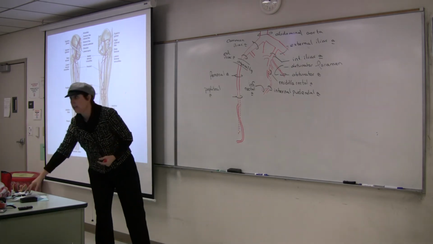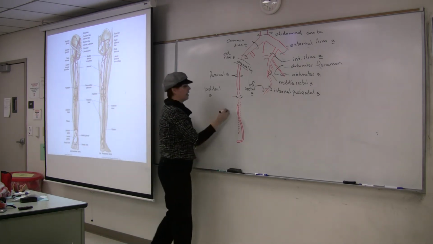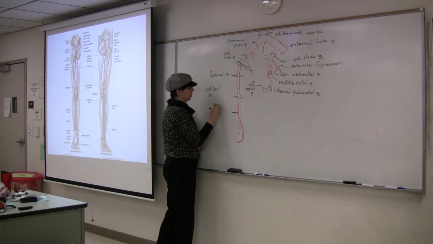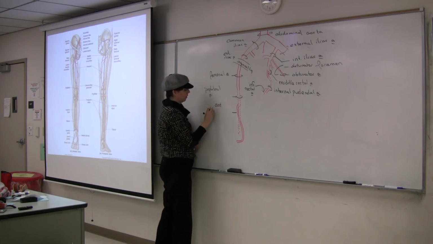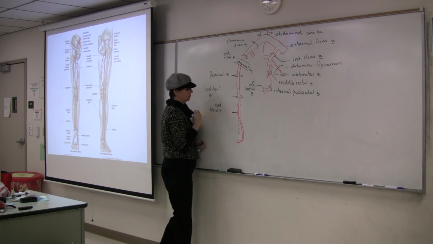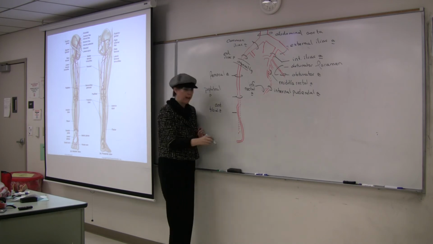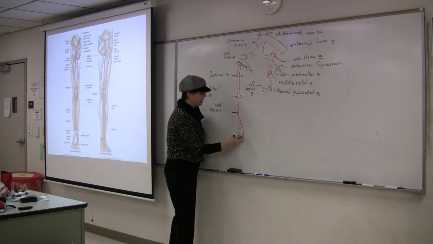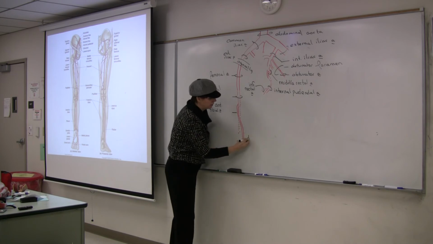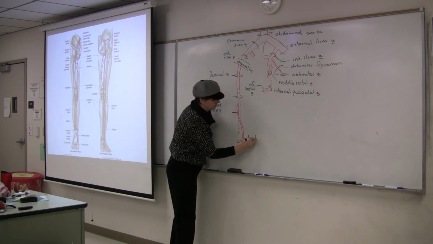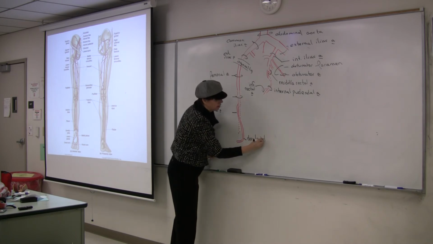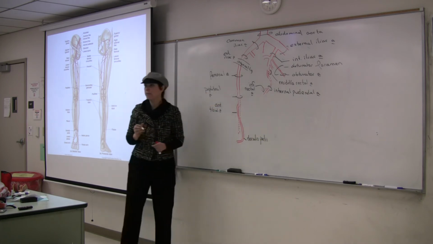So I drew it in a solid line because we're seeing it on the front now. Dorsalis pedis is after it passes the medial malleolus, and we see it on the top of the foot. It's a hard pulse to find.